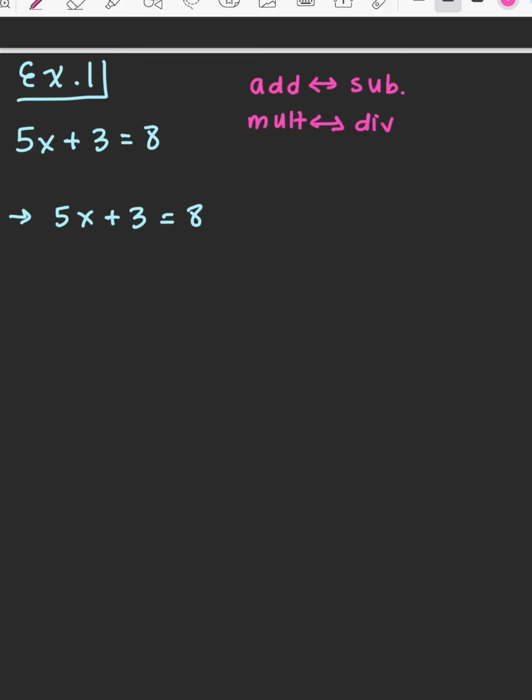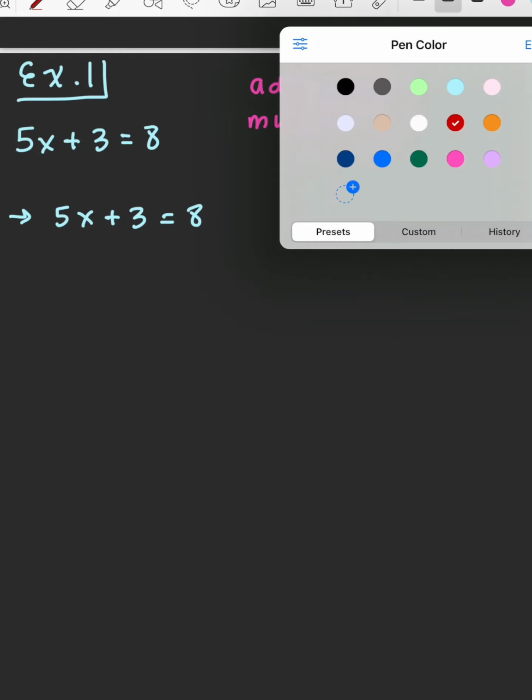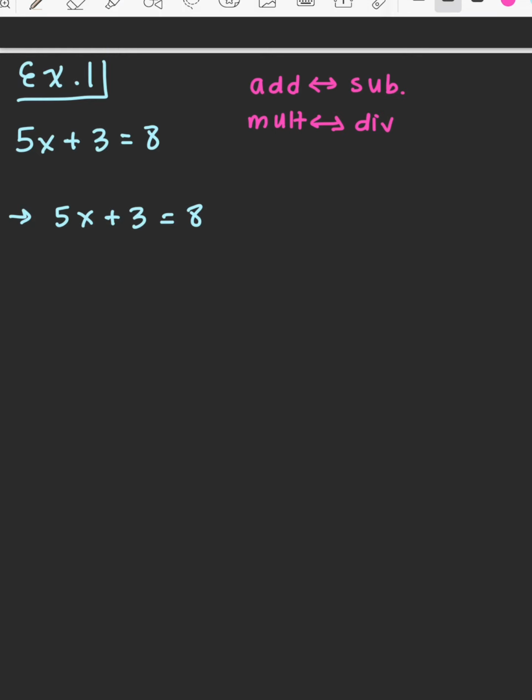So the very first step here would be to subtract 3 from both sides. And that would cancel out the 3 here, leaving us with a 0.